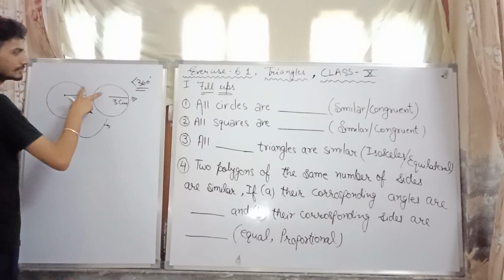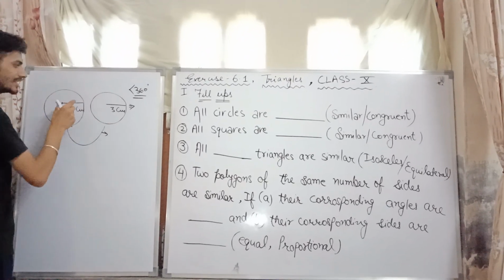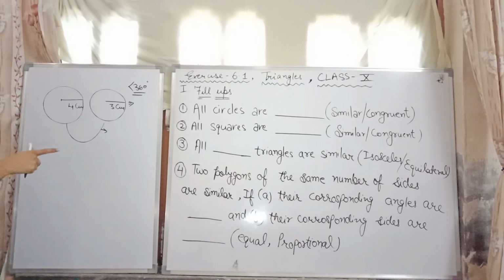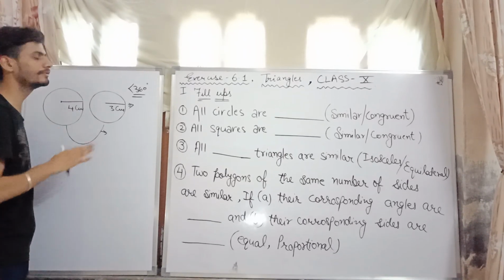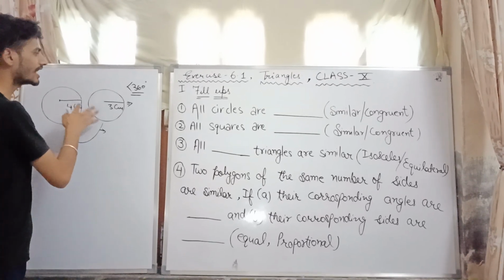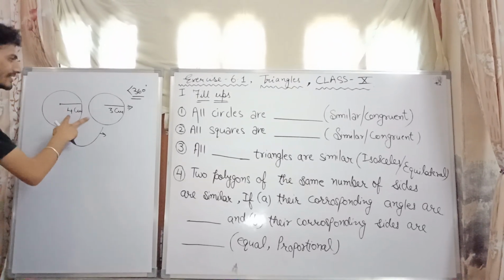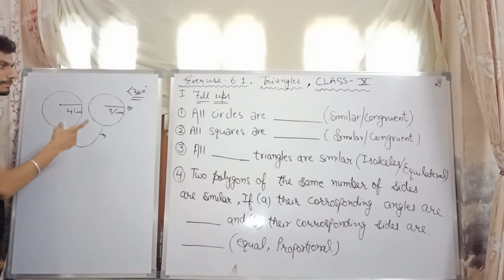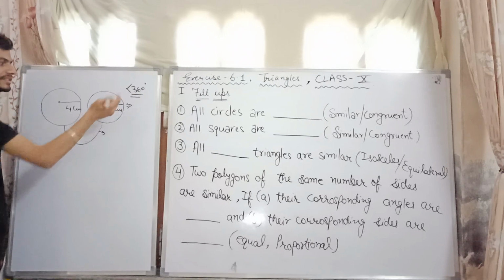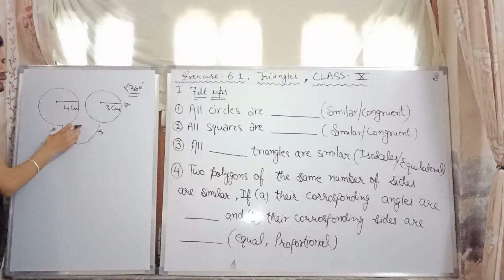Angles are common for both, but the lengths of the radii are different. So it fulfills the condition of similarity, but not the condition of congruency. Both circles are similar to each other, but not congruent, because the radii are different.